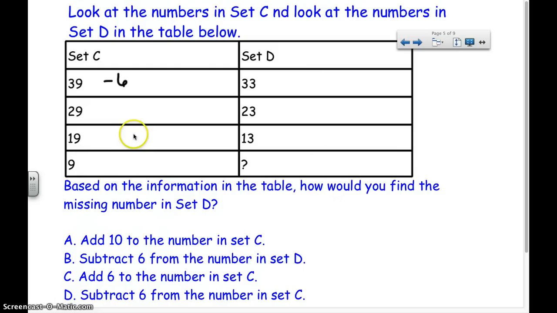So let's see if it works. This is going to be a minus 6 because 23 plus 6 would give me 29. So this would be a plus 6 side.